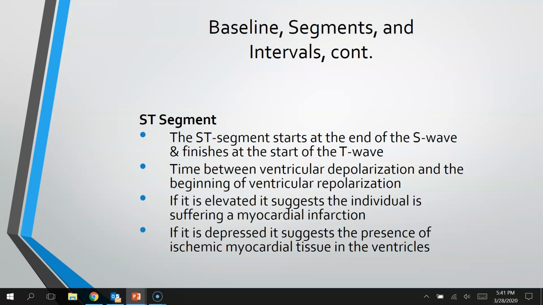If it's depressed, if it goes down, it may suggest the presence of ischemic myocardial tissue in the ventricles. So that's why it's so important that we get a nice clear picture when we're doing an EKG so we can actually see if there's an elevation or if there's a depression in these segments.